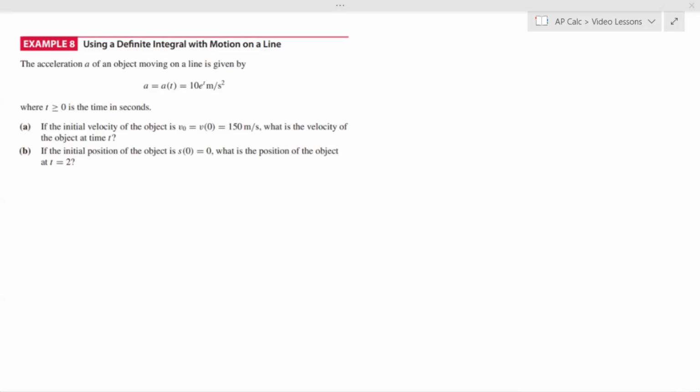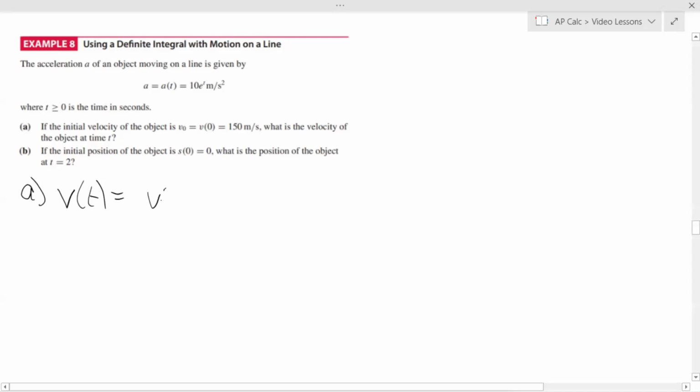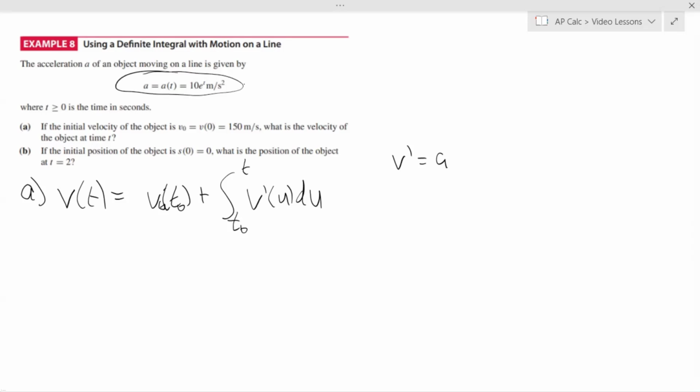So for part A, v of t is equal to v of t naught plus the integral from t naught to t of v prime of u du. So v prime is equal to the acceleration function, which is this right there.